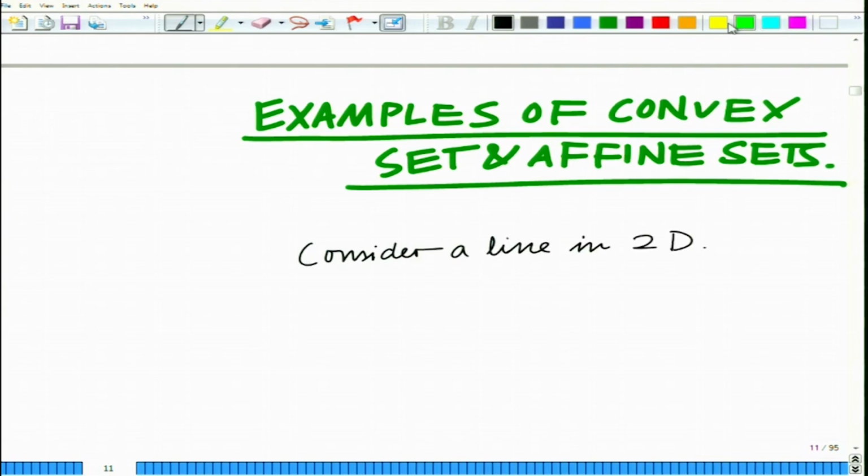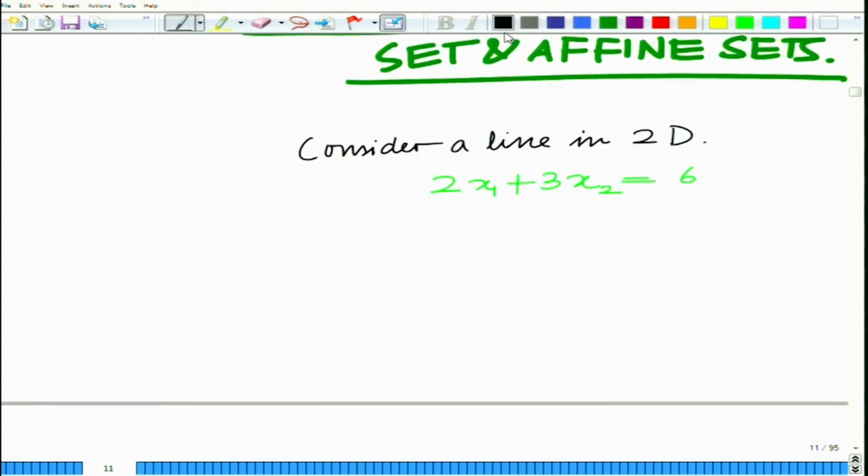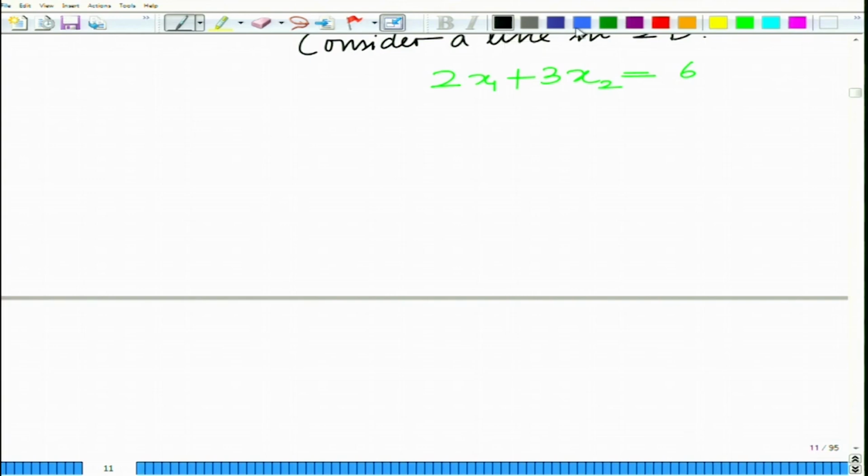The line, let us say, is given by the equation 2x1 plus 3x2 equal to 6. Okay. Now if you plot that line, it looks something like this.